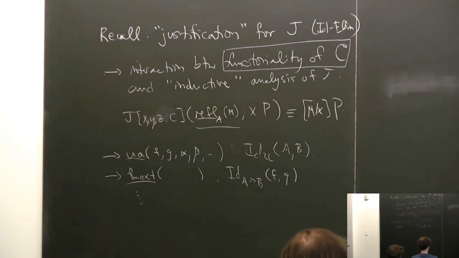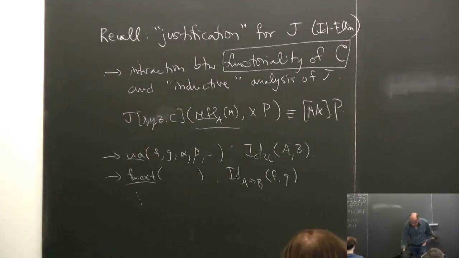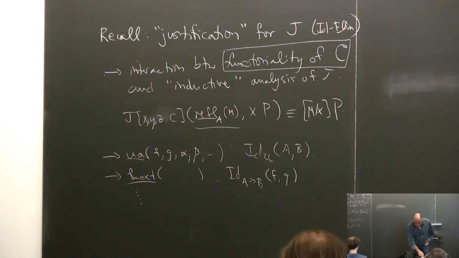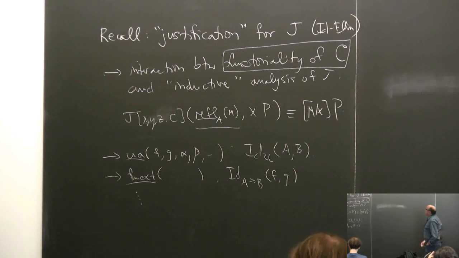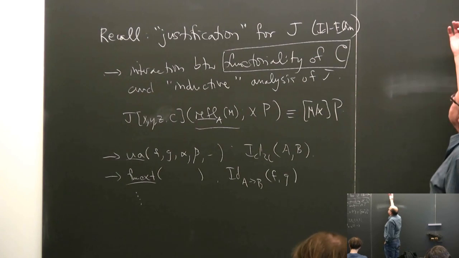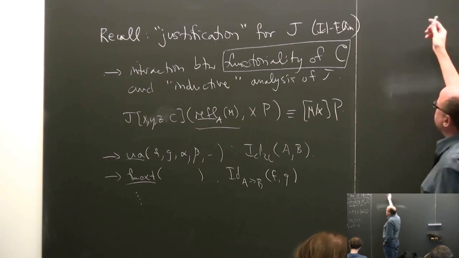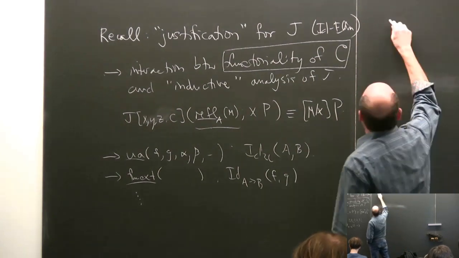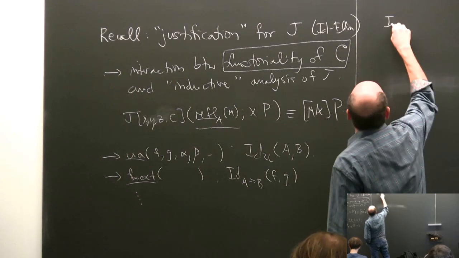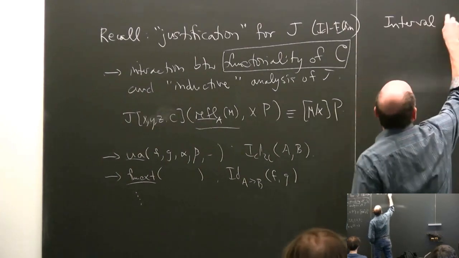So I thought about it over the weekend, and before I go on and talk about homotopy types, it might be worthwhile to look at a very concrete example in more detail, which foreshadows some things we're going to do a little bit later. I will do an ad hoc treatment of a particular type that will be an instance of a general schema later on, which I've talked about a little bit before, which is the interval type.